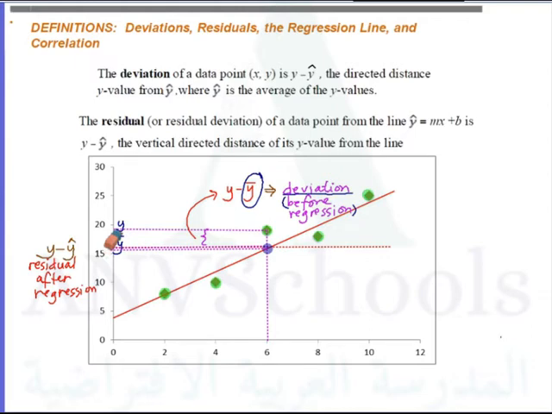This is not y hat. Y hat is this. Okay? So the deviation after regression is what we call residual, when y is subtracting from itself the value of y hat. Okay? And y hat is taken from the best fit line through a regression data analysis using your graphical calculator. Okay, so I hope this enlightened you.